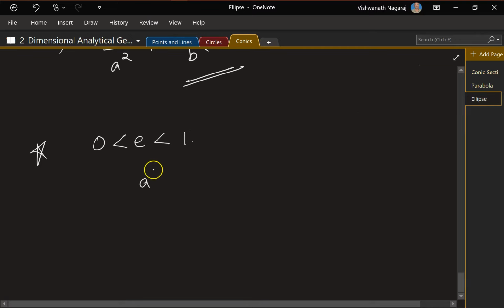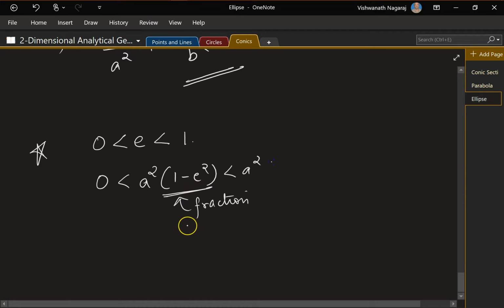So we can say a square (1 minus e square) is between 0 and a square. Remember, this is going to be a fraction between 0 and 1. So naturally, when you multiply a square with a fraction, it will be less than a square.